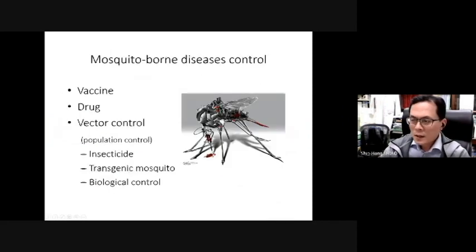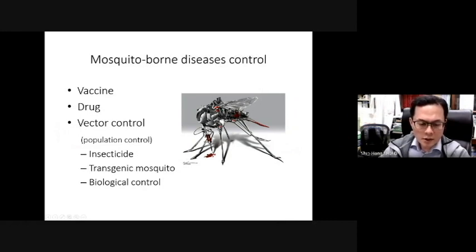year. Currently, the control of mosquito-borne disease, in particular dengue and Zika, is focused on three approaches. First is to develop a vaccine. Although there is now a dengue vaccine on the market, its safety remains a huge concern.